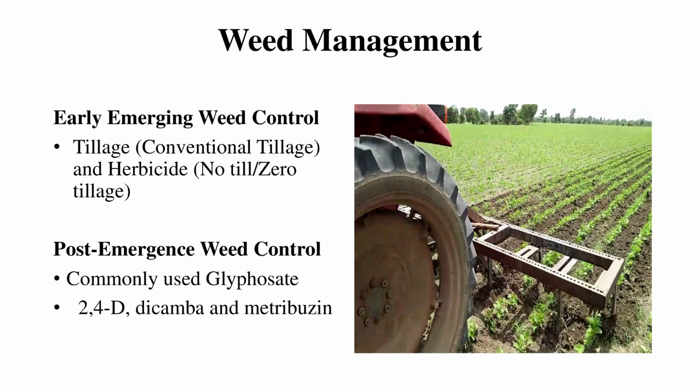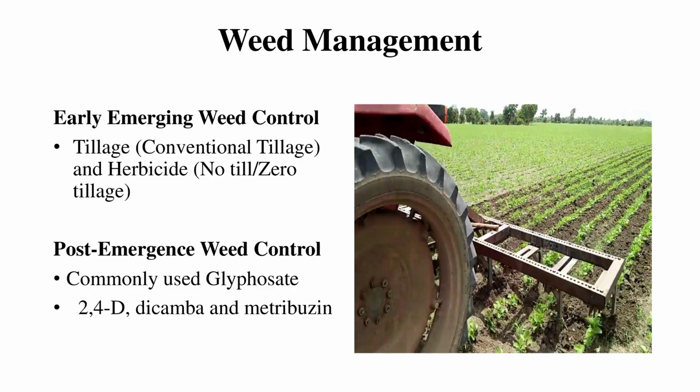For weed management, for early emerging weed control, there is tillage or conventional tillage, and herbicide use, which we call no tillage or zero tillage. For post-emergence weed control, commonly used are glyphosate, 2,4-D, dicamba, and metribuzin.